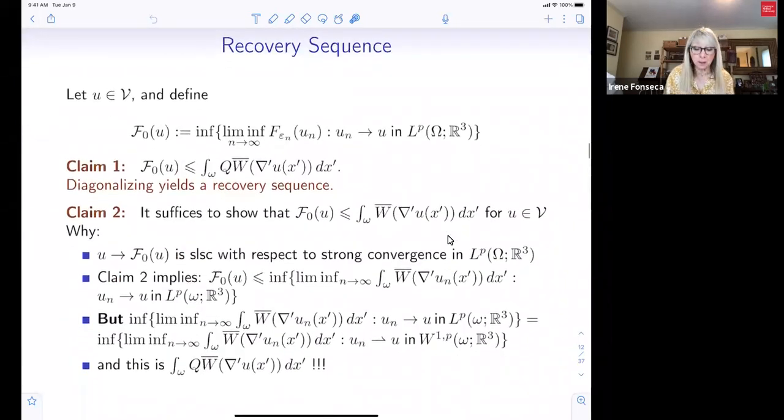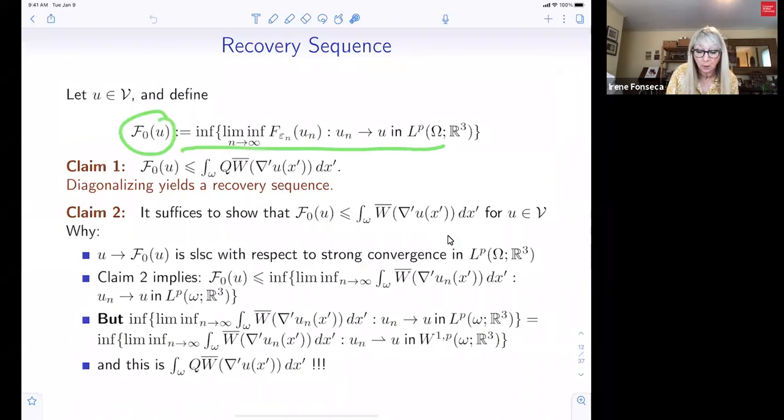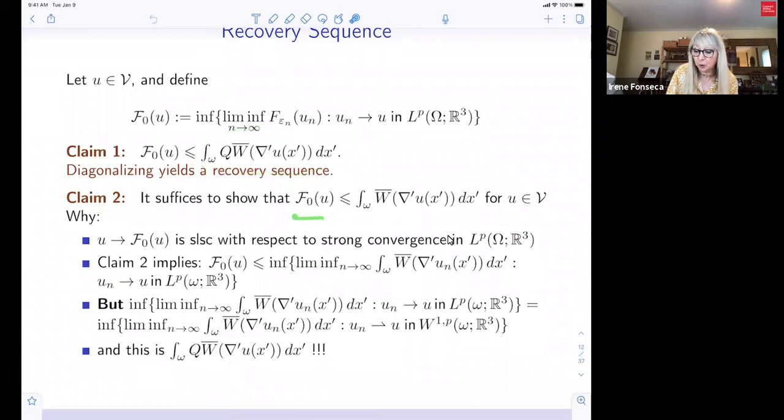For the recovery sequence, well, now you want to prove, if I define this object like so, that it's below this, my candidate for the gamma limit. And actually it's easy to prove that it's enough to show that it's below the function without the Q, simply because this is lower semicontinuous, so you cannot go any lower.